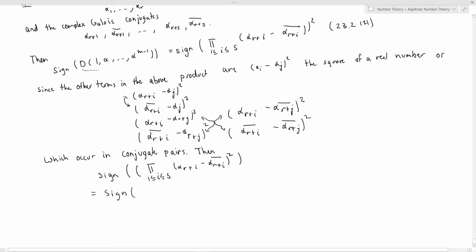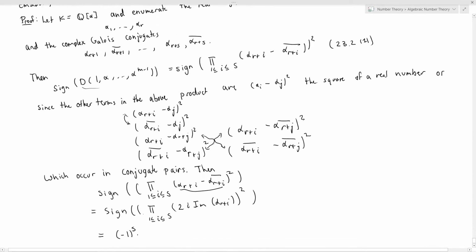Just computing this interior thing directly gives the product over i less than or equal to s of 2i times the imaginary part of alpha_{r+i}, all squared, which comes out to (-1)^s.